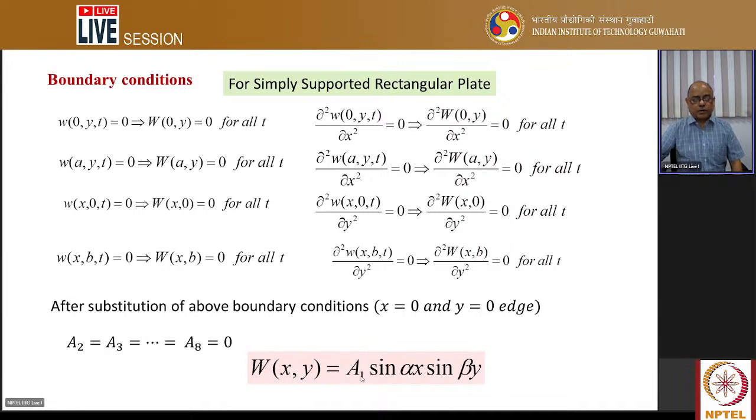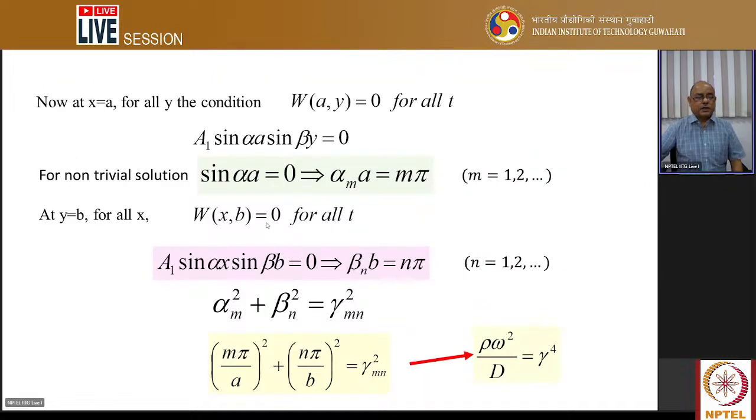W(x,y) equal to A1 sine alpha x sine beta y. So, at x equal to a, it is also simply supported, so W is 0.